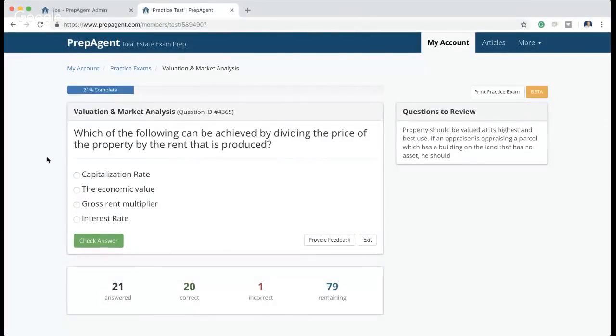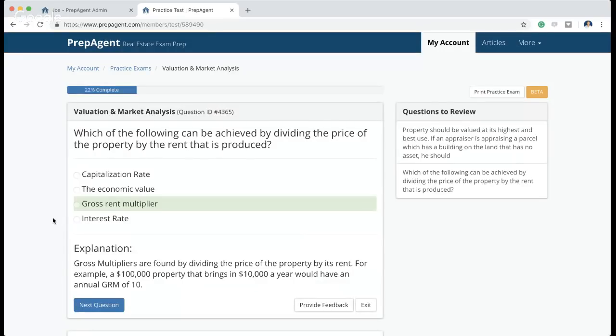Or D, interest rate. Gross rent multiplier.